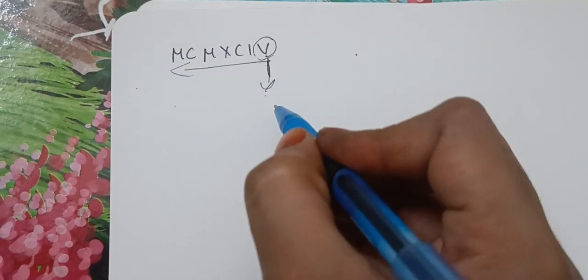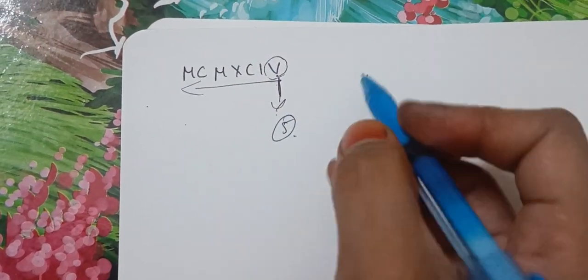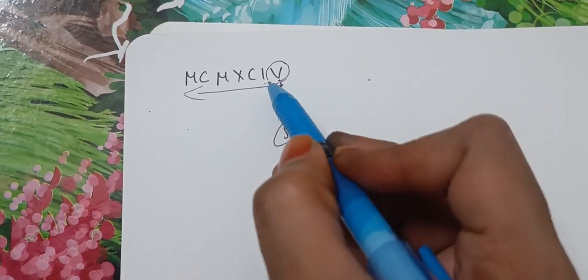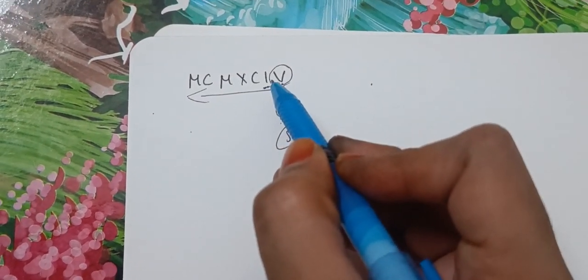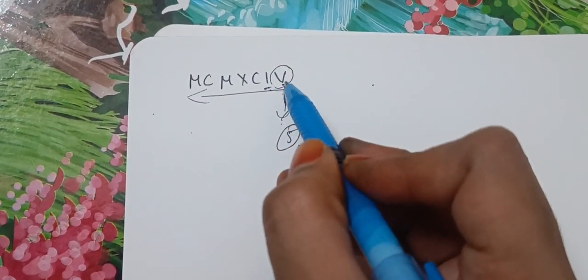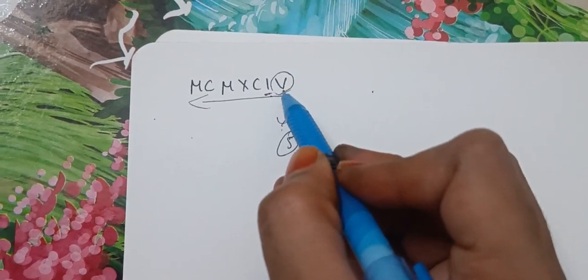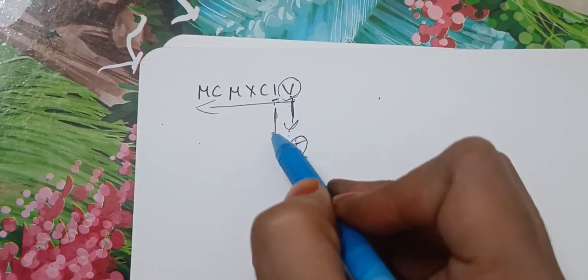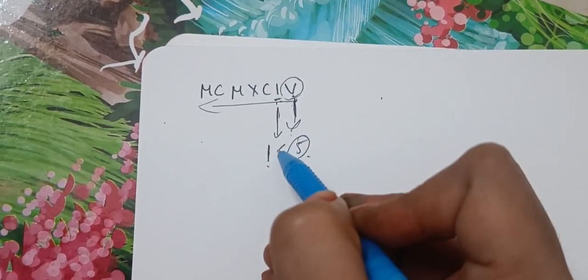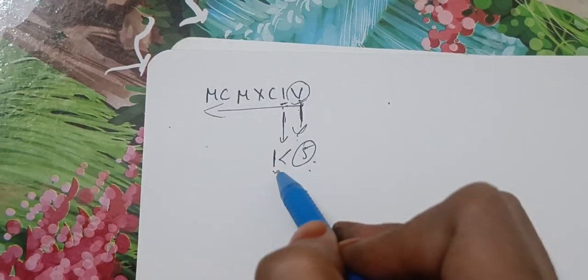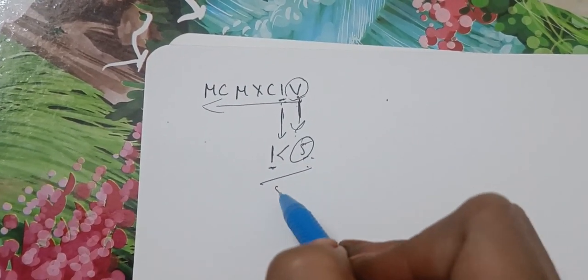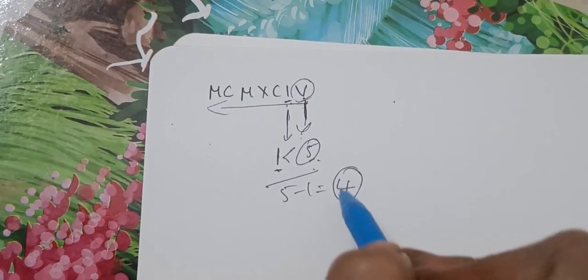V means 5. Now I have to check whether the symbol before it has a value less than or greater than V. The I value is 1, and 1 is less than 5, which means I need to subtract 1 from 5. So 5 minus 1 is 4.